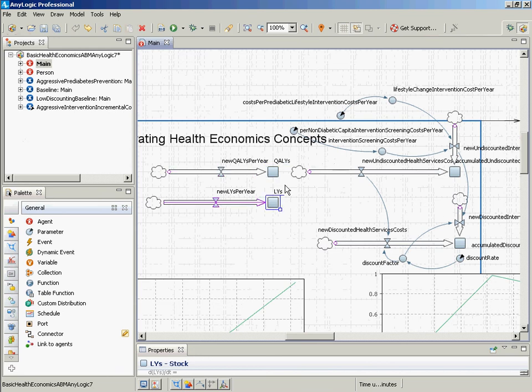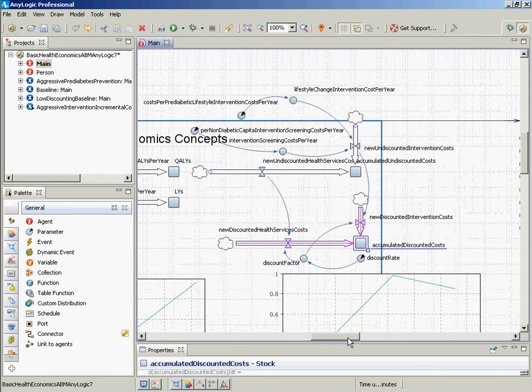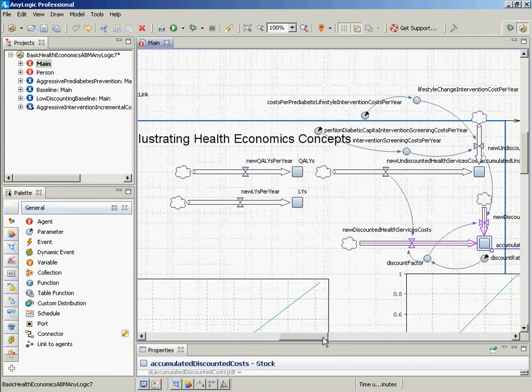So for those of you not familiar with health economics, when we try to assess how to get the greatest bang for the buck, how to use our resources most effectively, often people turn to cost-effectiveness strategies to understand the degree of gain per dollar spent from different health interventions.